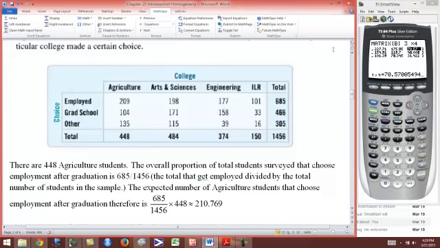Now this is the sort of thing you would be expected to do by hand during a test. They ask you what's the expected amount, and then later on you have to come up with the component. So 685 out of 1456 times 448, about 210.